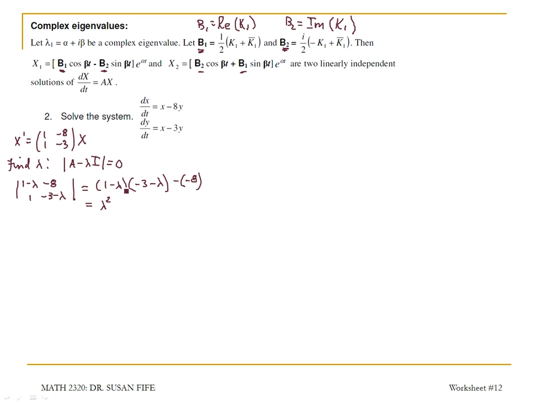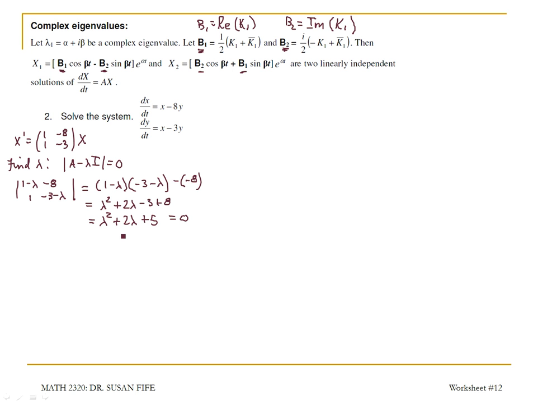Here I get a negative lambda and a positive 3 lambda. That's going to give me a positive 2 lambda. Minus 3 plus 8 gives me lambda squared plus 2 lambda plus 5, and that's equal to 0. Now, lambda squared plus 2 lambda plus 5 doesn't factor.